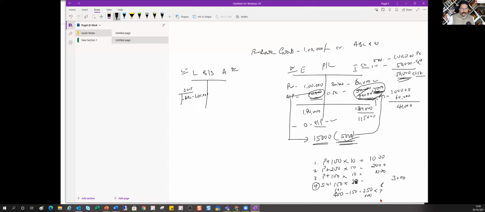Since all the purchases I have made have a uniform cost of 10 rupees, whatever stock is left at the end of the financial period is my closing stock quantity. My cost is 10 rupees, so my closing stock value is 2,500.